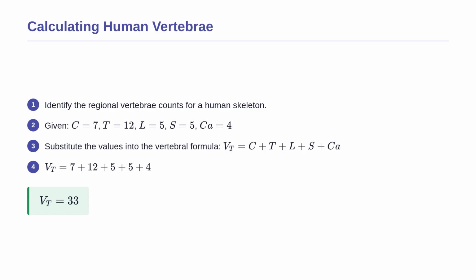We choose the vertebral formula because it allows us to mathematically combine these regional segments into a single quantitative value. We substitute our given numbers directly into the equation, adding 7, 12, 5, 5, and 4. This step-by-step addition ensures no region is left out. Our final answer is 33. Physically, this tells us exactly how the human spine is segmented to balance flexibility and support for upright bipedal walking.